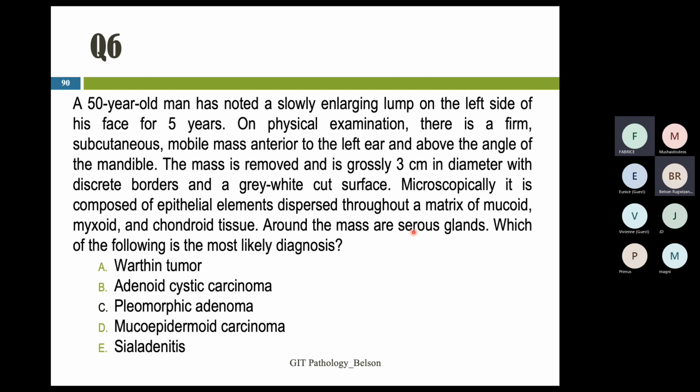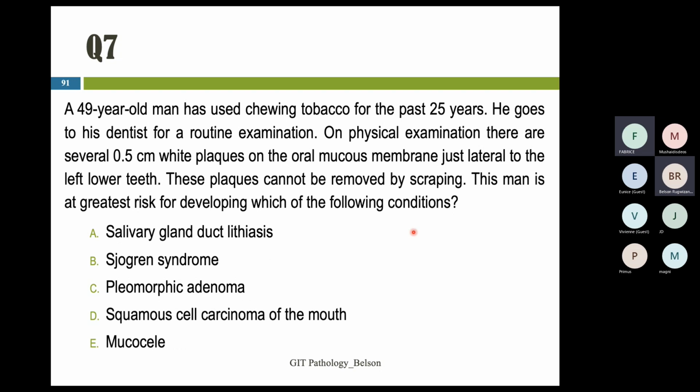So I think you see that it changes color. The last question: a 49-year-old man has used chewing tobacco for the past 25 years. He goes to his dentist for a routine examination. I think those doing dental surgery will have to answer. On physical examination, there are several 0.5 centimeter white plaques on the oral mucous membrane, just lateral to the left lower teeth.